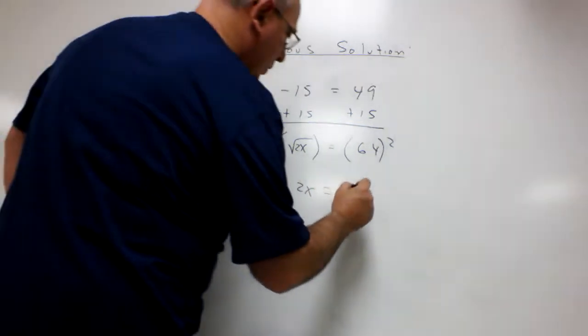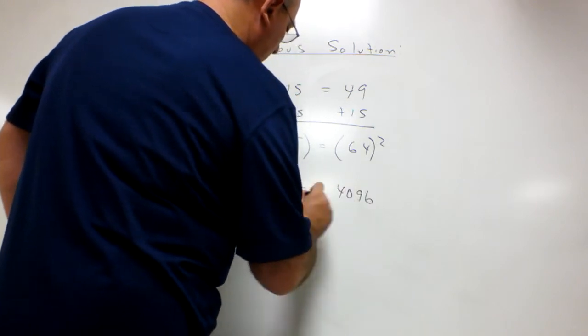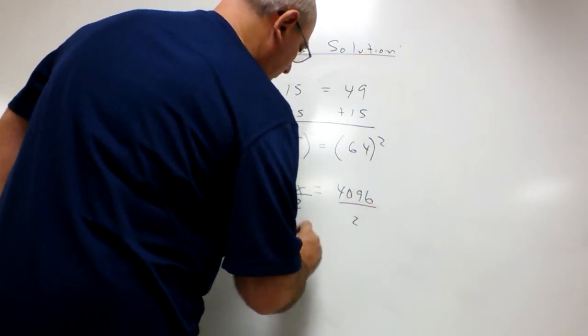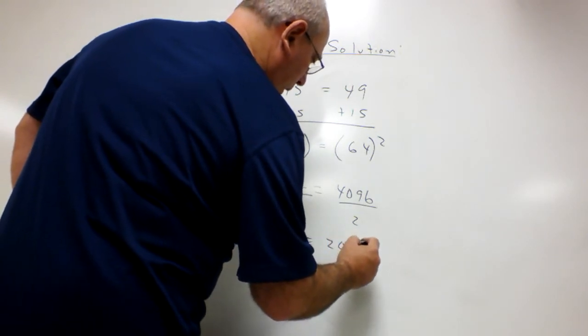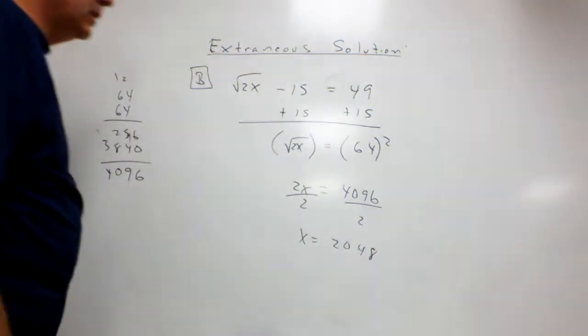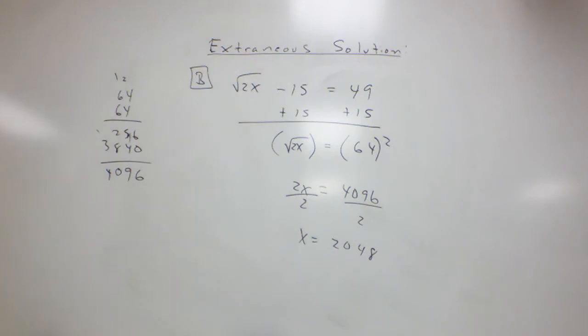It would equal 4096. And if we divided both sides by 2, we would get x equals 2048. And that looks perfectly legitimate.